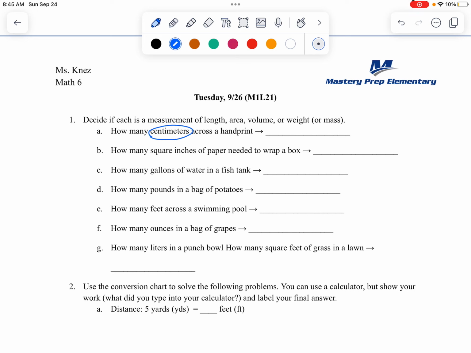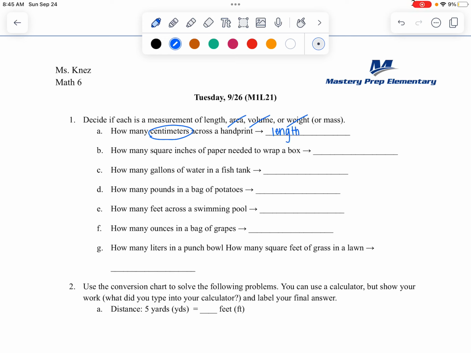If you can imagine what you would measure with a centimeter, you would be seeing how long a pencil is, a piece of paper, something small. Centimeters wouldn't tell you anything about the other measures. It doesn't tell you how much space something takes up, how much 3D space something takes up, or how heavy something is. So you would write that centimeters is a measure of length.